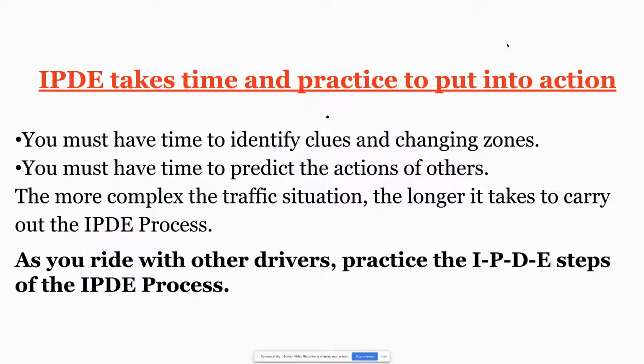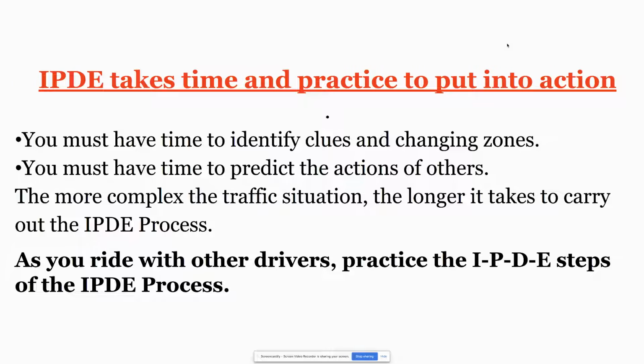So that means maintaining speed limit and changing speed or direction in order to have better understanding of what decision you need to make. So as you ride with other drivers, practice the I and the P, the D and the E, know all those steps, and with your parents, ask them questions about, am I identifying?